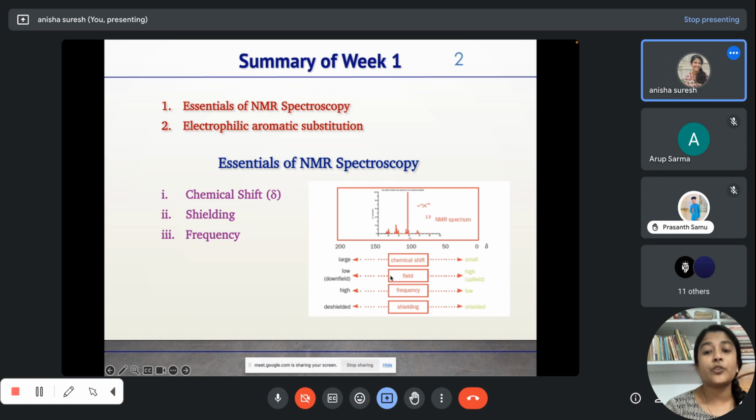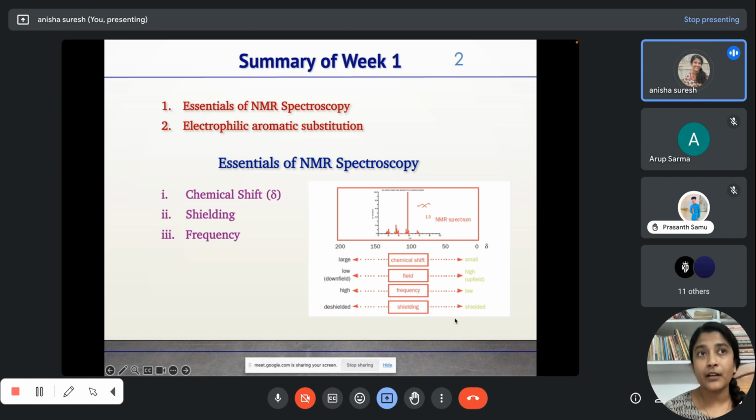Talking about the fields, the right hand side will be high field or up field, and the left hand side will be low field or down field. Frequency will be low towards the right hand side, and high towards the left hand side. And talking about shielding, towards the right hand side it will be highly shielded, and towards the left hand side it will be deshielded.